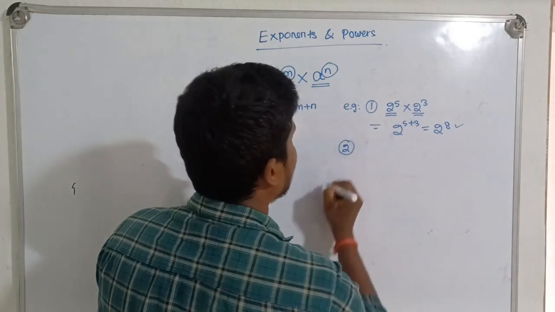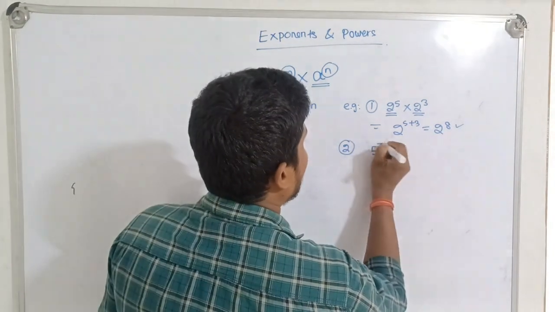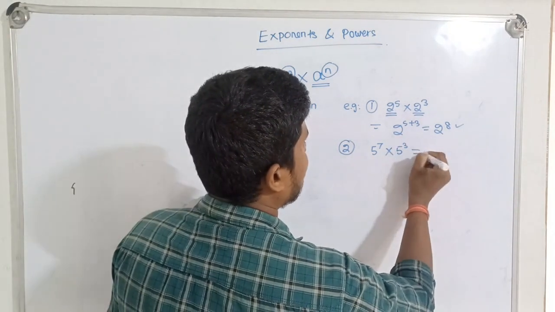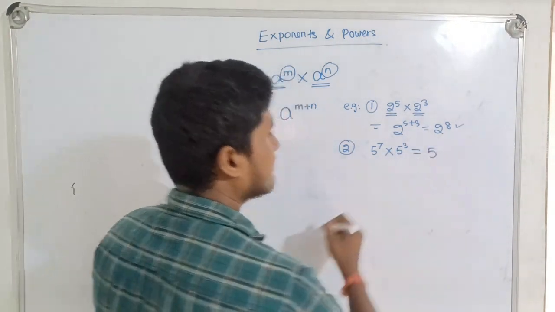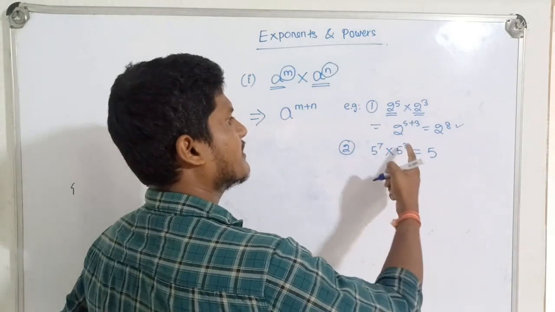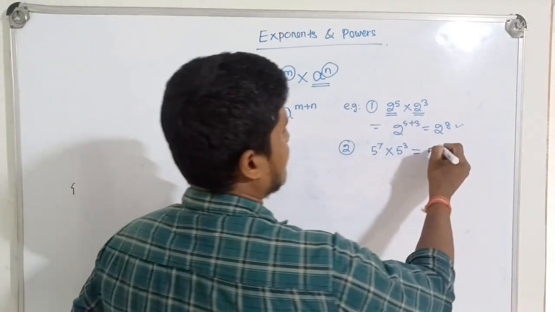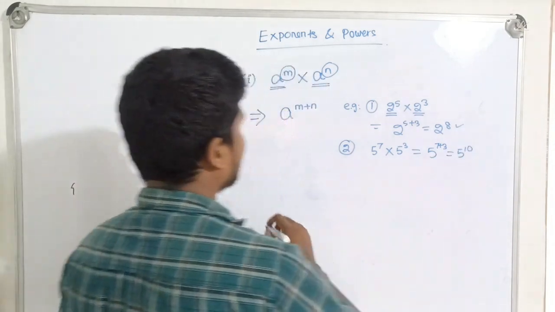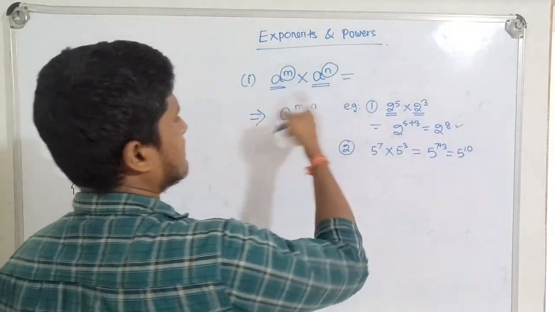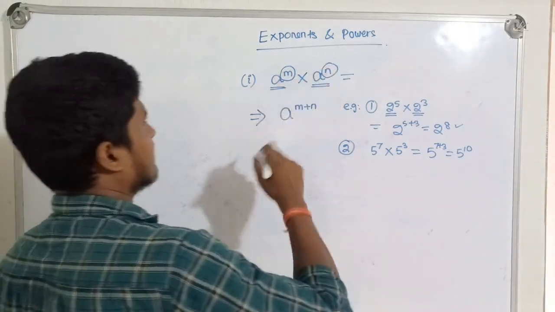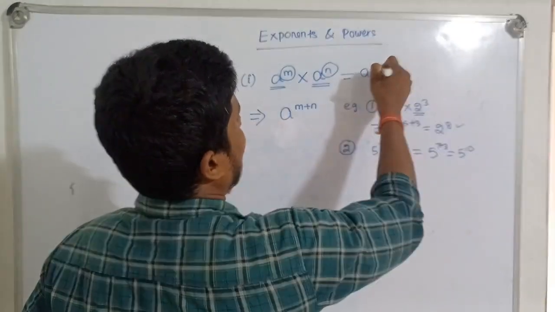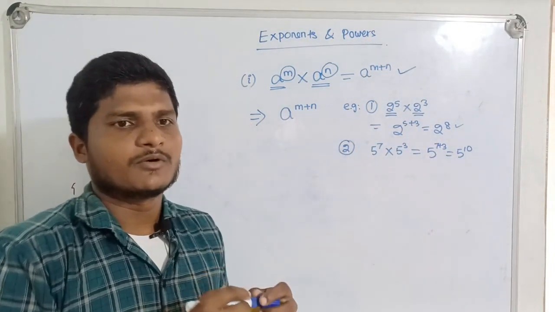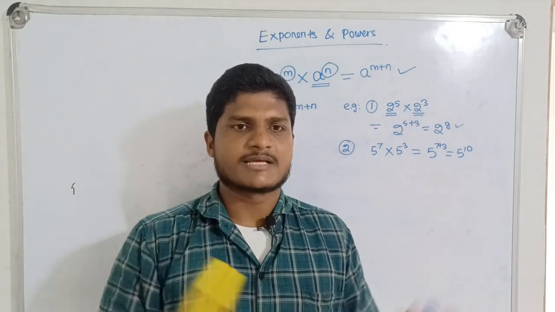Another example: 5 to the power 7 multiplied with 5 to the power 3. Here also the base is the same, so just add the two powers, that is 5 to the power 10. So this is the first formula: when the bases are the same and powers are different, a to the power m plus n. Okay, clear?